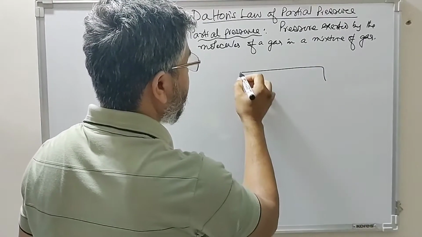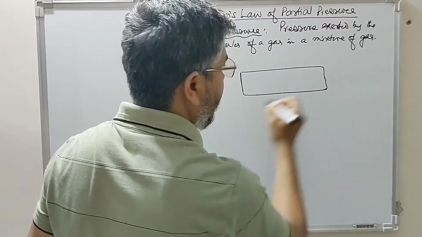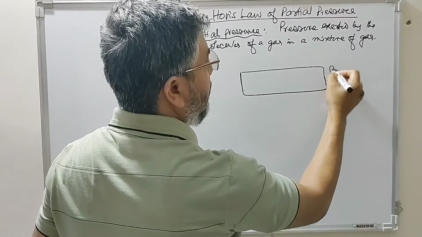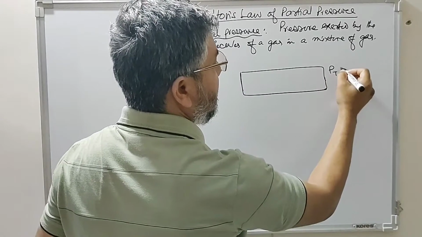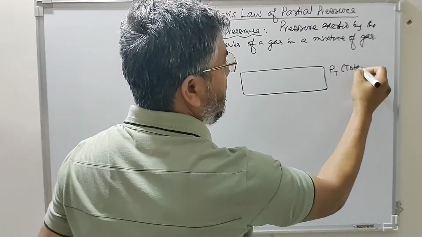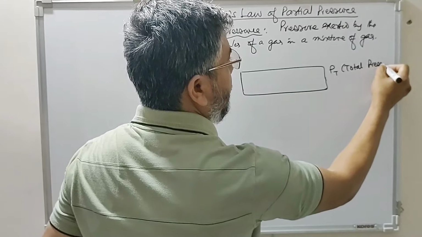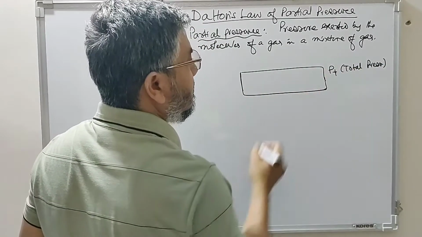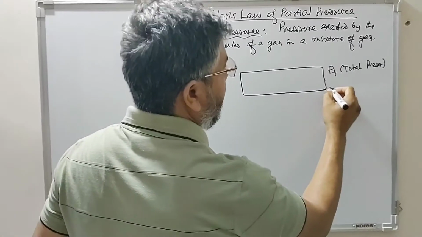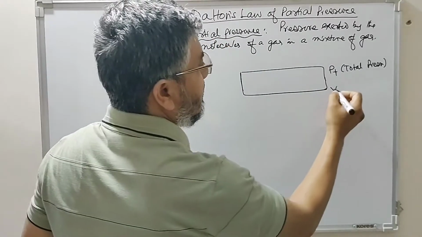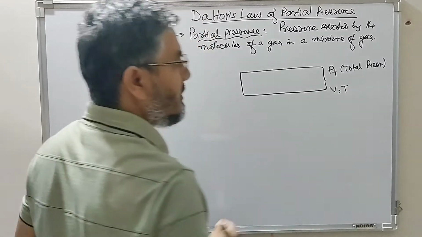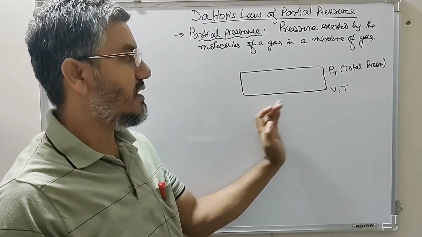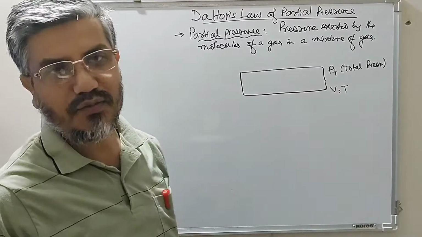Suppose we have a container. The total pressure inside this container is PT, that is total pressure. This container has a volume V and temperature T. That means all the gases present inside are at the same volume and same temperature.